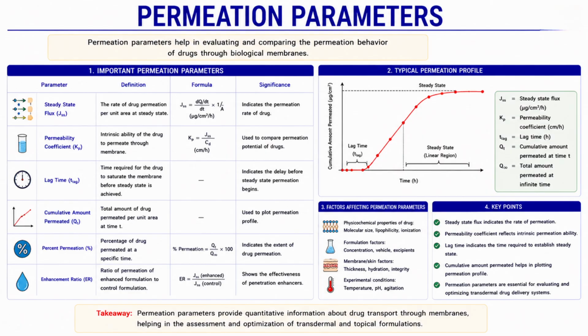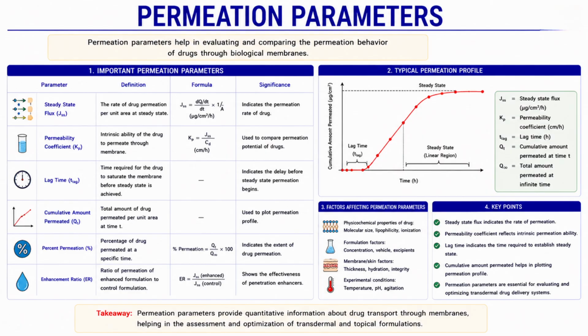Permeation parameters. Three important permeation parameters are commonly discussed here. The first is the steady state flux, usually expressed as amount per unit area per unit time. The second is the permeability coefficient, which relates the flux to the concentration gradient.